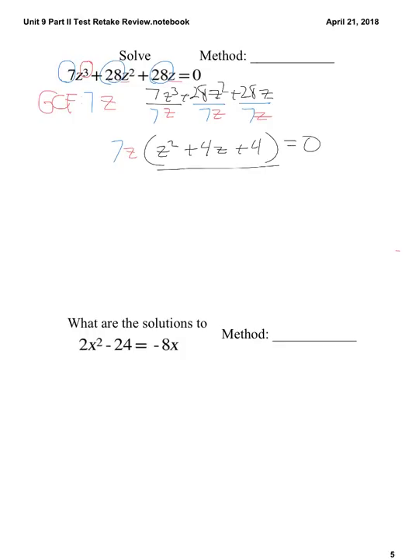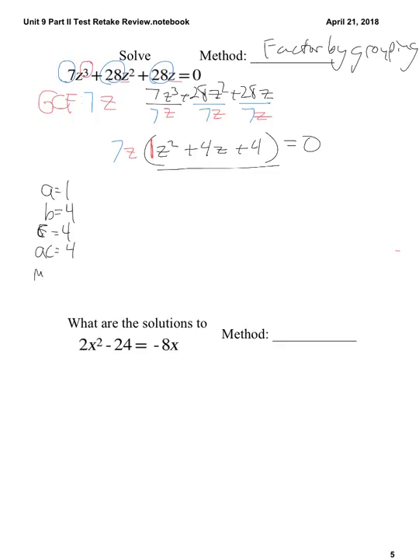Now this part, z squared plus 4z plus 4, we can factor by grouping. And what we notice again here is our coefficient is 1. So for this now, our a value is 1, our b value is 4, c is equal to 4, so ac is equal to 4.